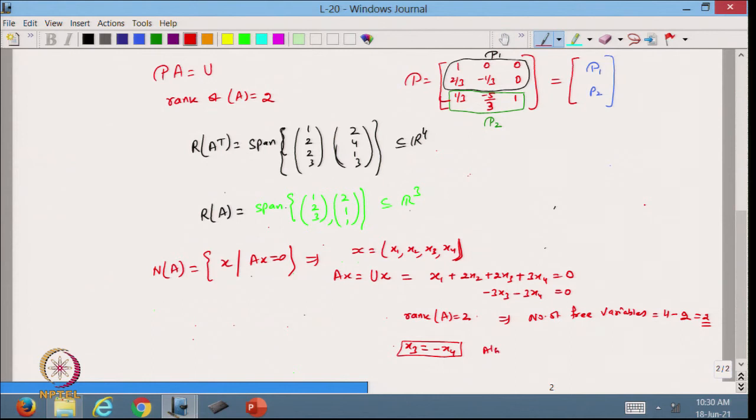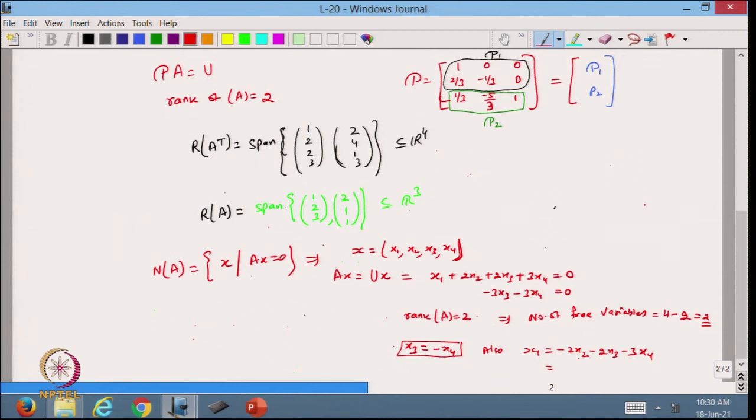Also from the first equation I can write x1 is equal to minus 2x2 minus 2x3 minus 3x4.